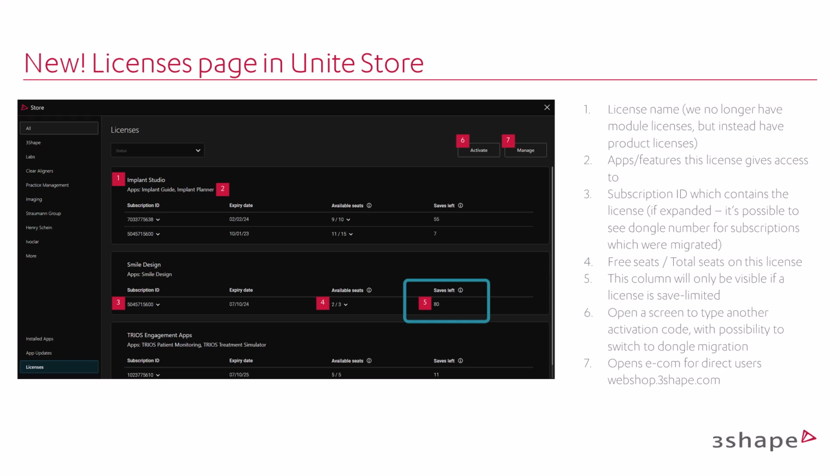It is visible only for licenses with limited availability. Activation code. Clicking here opens a screen to enter another activation code with the option to switch to download migration. E-commerce platform. This option opens the e-commerce platform for direct customers, allowing them to manage their subscriptions.